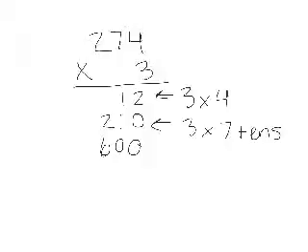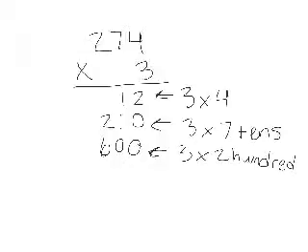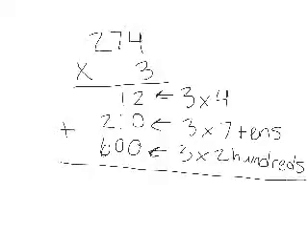So we would add a 0. And we would write this 3 times 2 hundreds because we're in the hundreds place. And so that all those numbers are multiplied, we would add them all together to get 822.